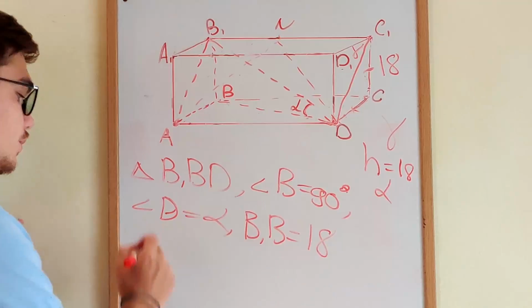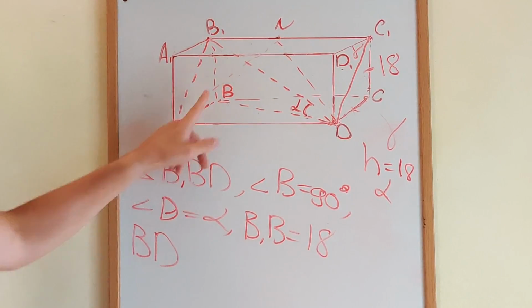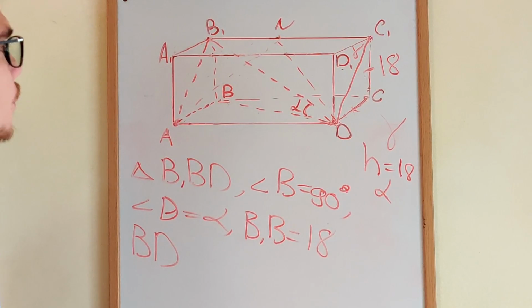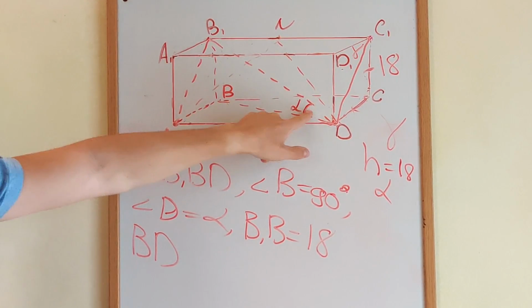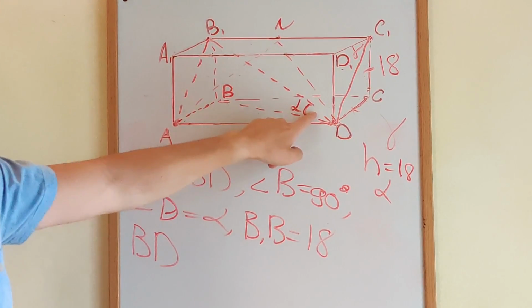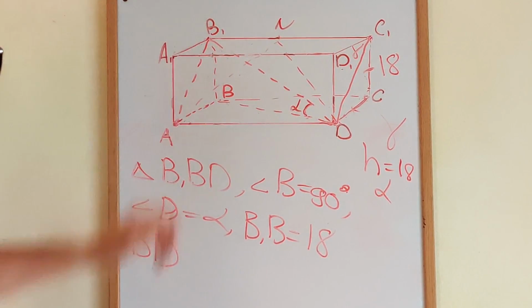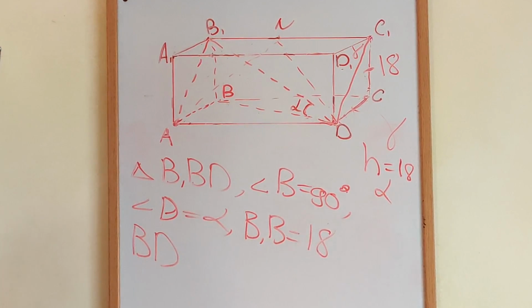In particular, we're interested in the side BD. To find the side BD, we just multiply the side B1B by the cotangent of the angle alpha. This is because the cotangent of this angle is BD over B1B. So if we multiply, it will cancel and leave us with BD.